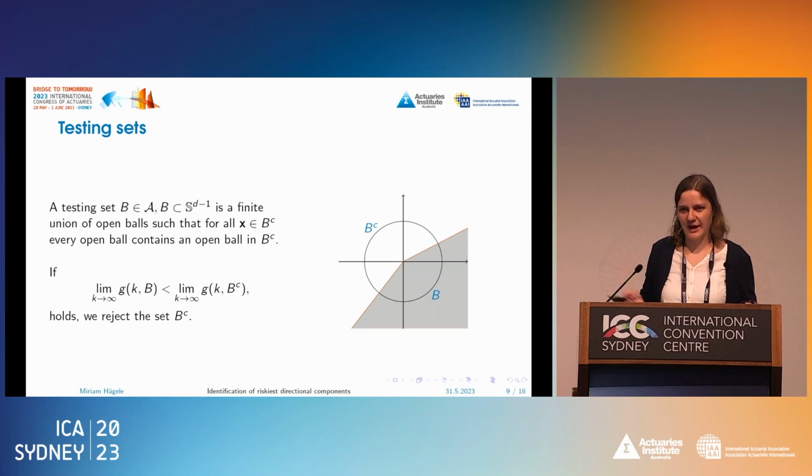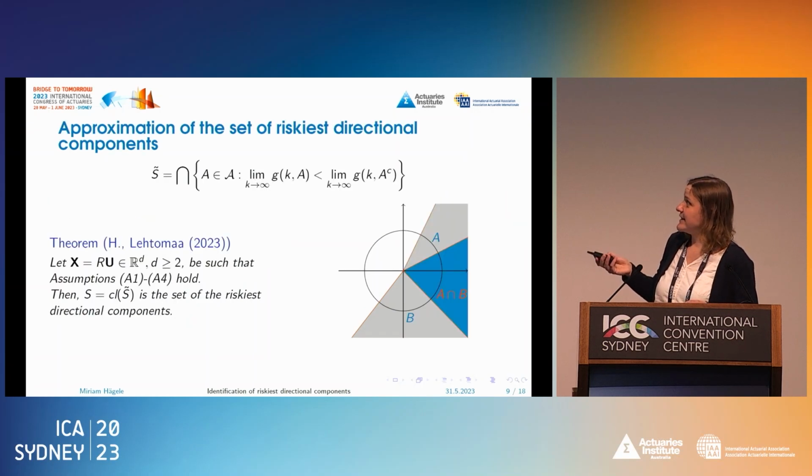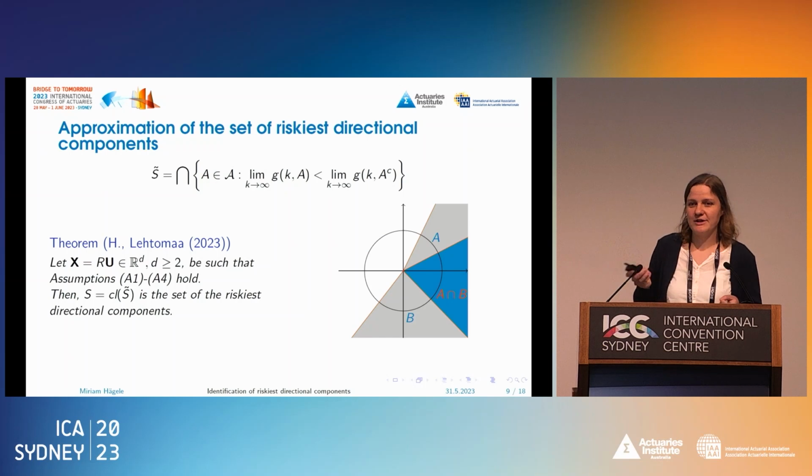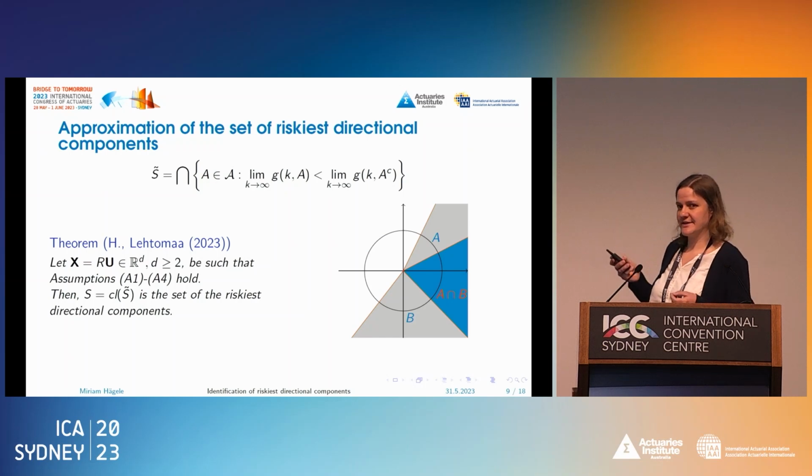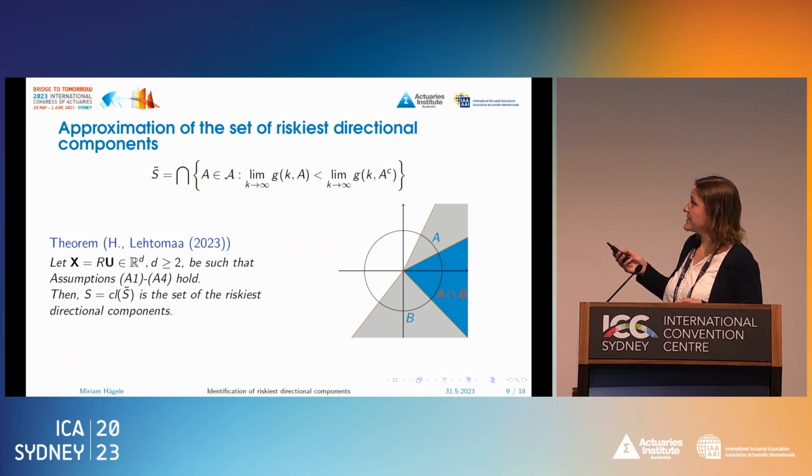And doing this for all kinds of testing sets, we would then in the end see that our S can be approximately found by taking the intersections. So at first we only had A, and we checked everything around it. And in the second slide we had B, and we checked this part.